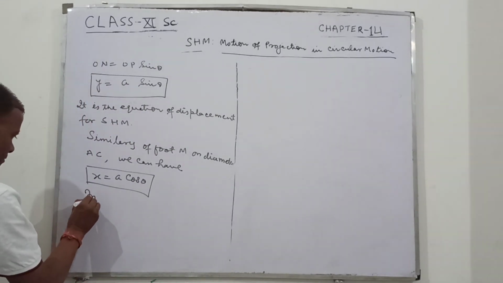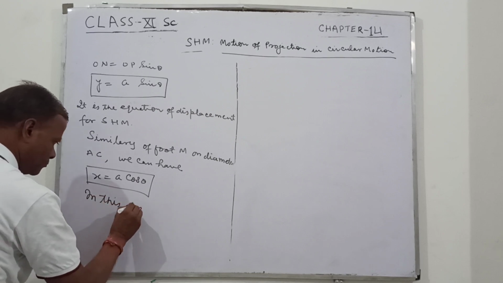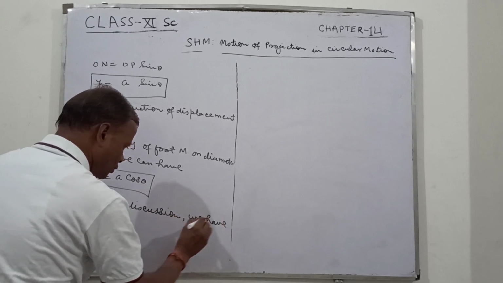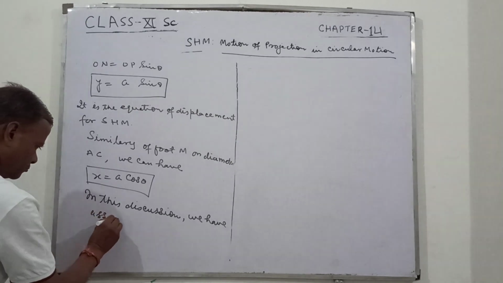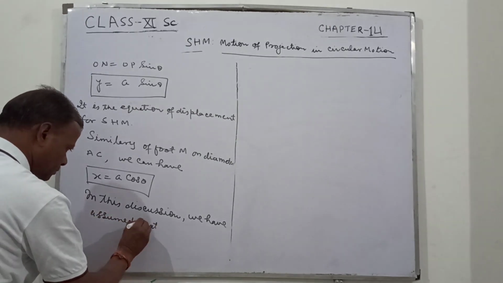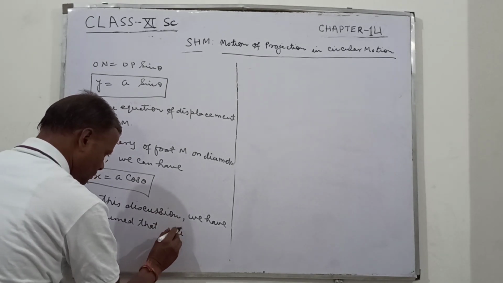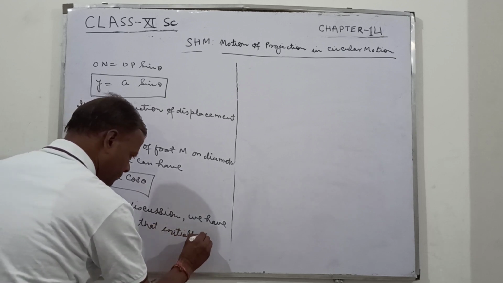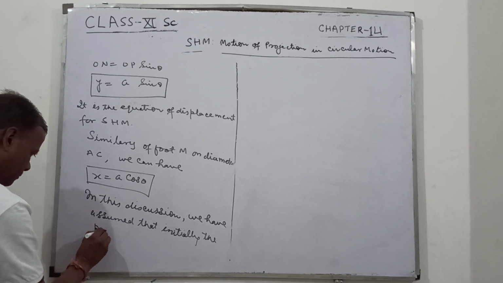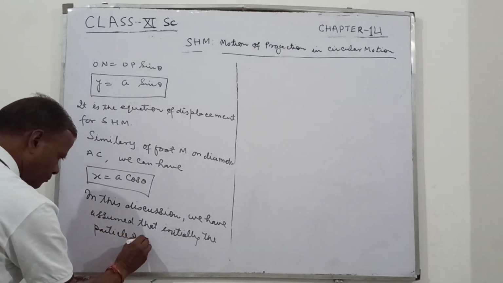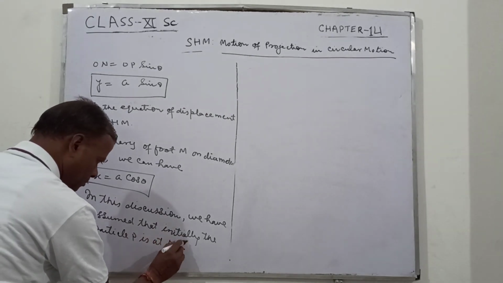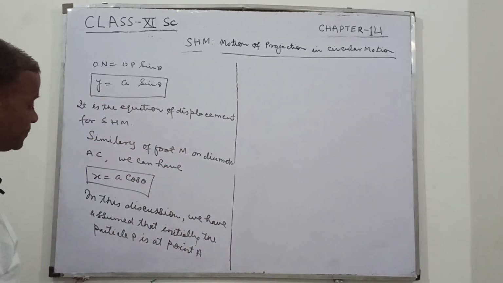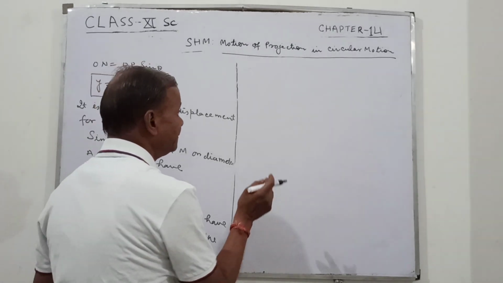In this discussion we have assumed that initially the particle P is at point A. Now if suppose the particle is not at A, then what will happen at that time?